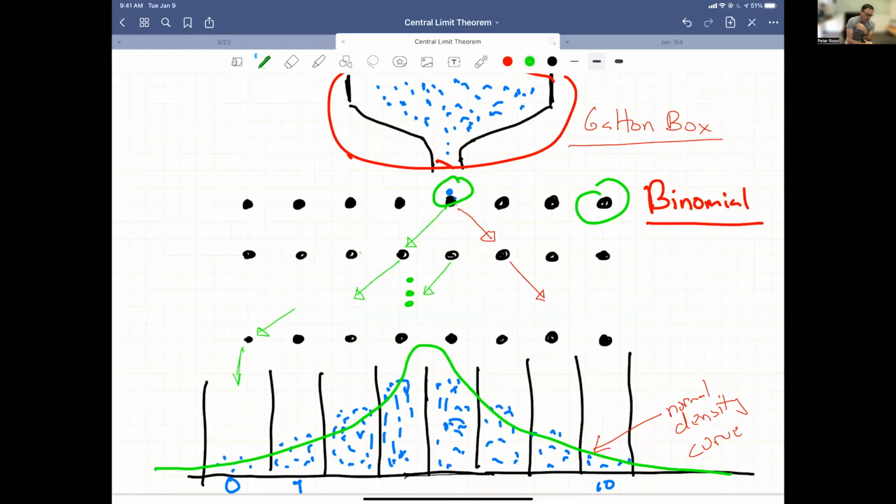So how does a ball get over here to the extreme left? It basically has to go left every time it hits a rod, right? So essentially, it goes to that leftmost bin only if, in this number of trials or number of rows of rods, it goes left every time.